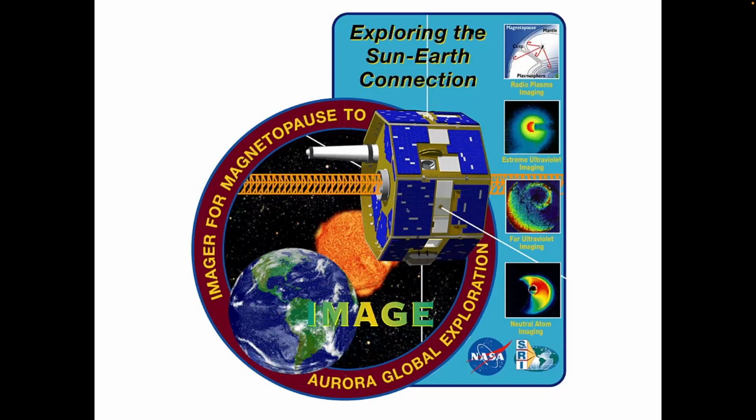How do you take pictures of the things that are trapped in the magnetic field? You can't take a picture of a field, but magnetic fields trap charged particles. And what's the biggest source of charged particles in our solar system? The sun. And so if you can take a picture of the charged particles that are trapped in the Earth's magnetic field, you will then have a picture of the Earth's magnetic field.